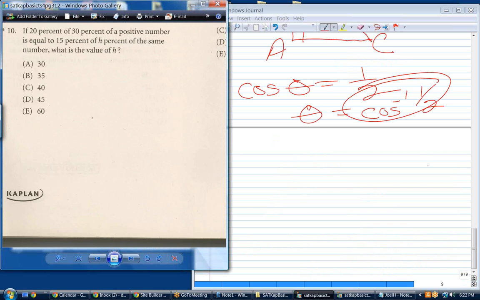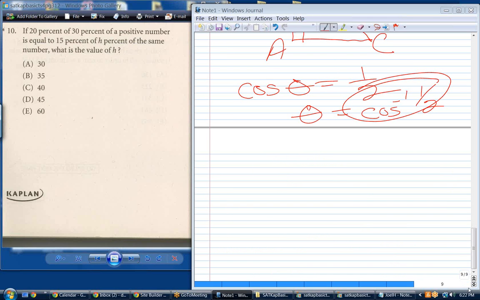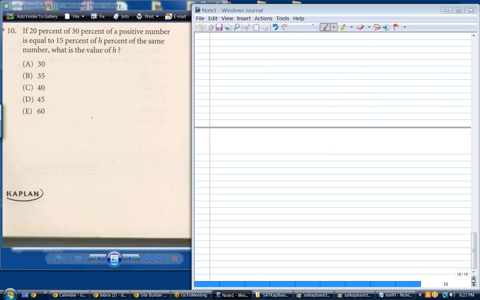Okay, number 10. What two ways? The problem just looks at one. I know it. Well, that's a good hint at something.